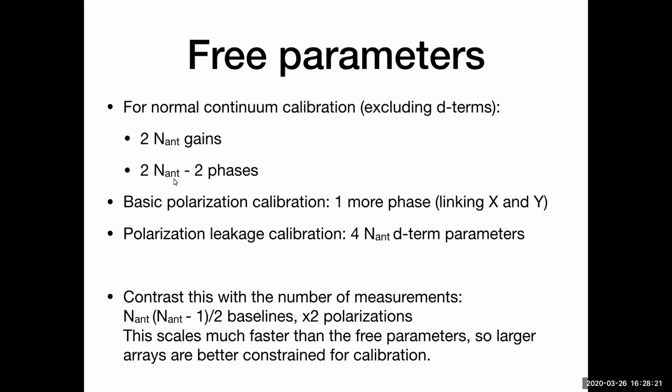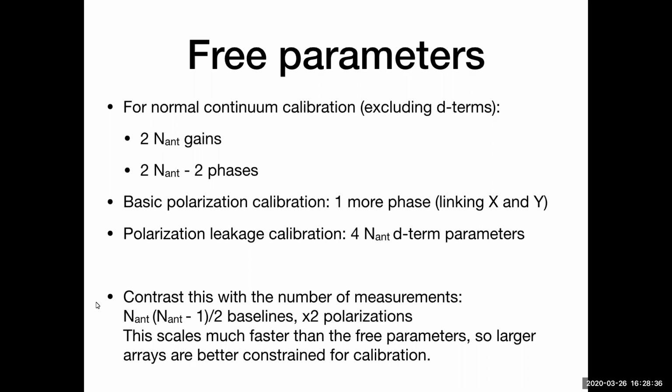And so you very quickly have many more measurements than you have unknowns, and so it's a very well-constrained problem, as long as your number of antennas is more than 5 to 10.